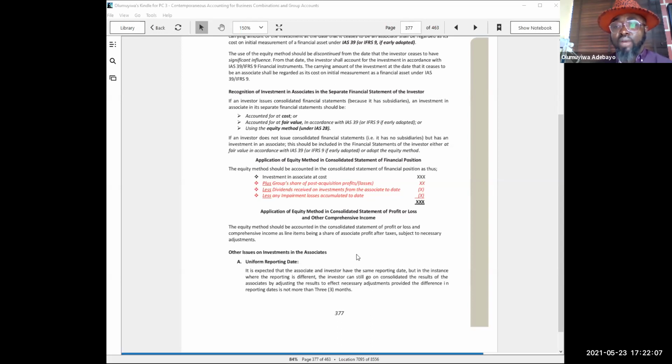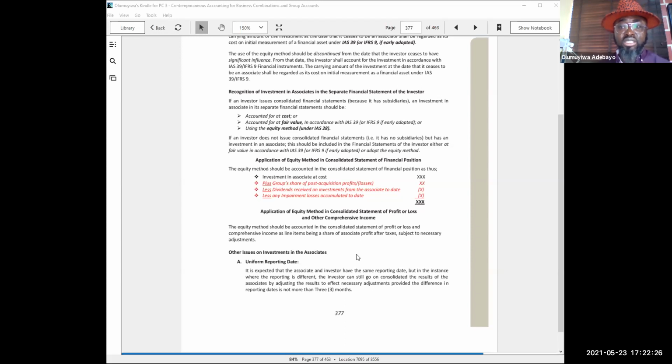But where practicable, if they don't have the same reporting dates, they should not be far apart, beyond 3 months, for you to appropriately account for your equity interest or equity investment in an associate.